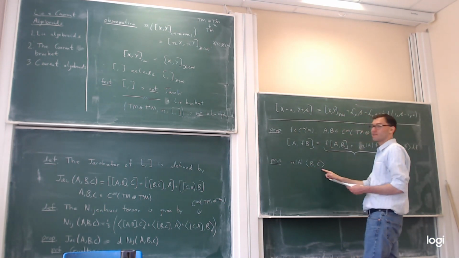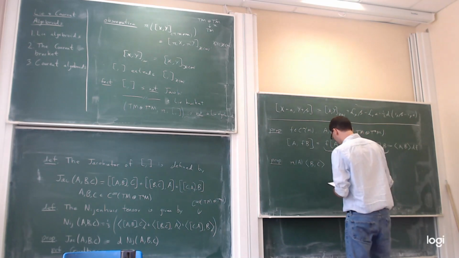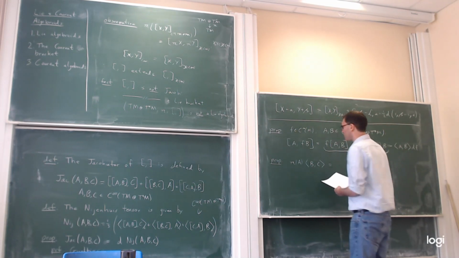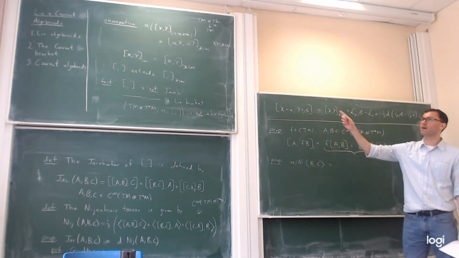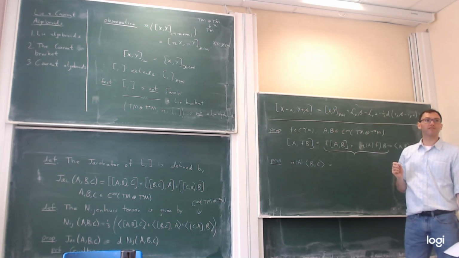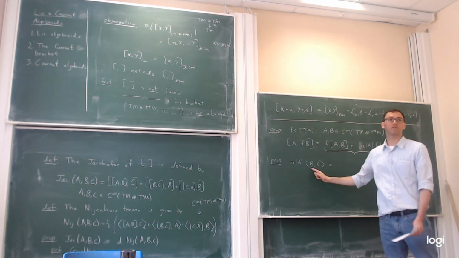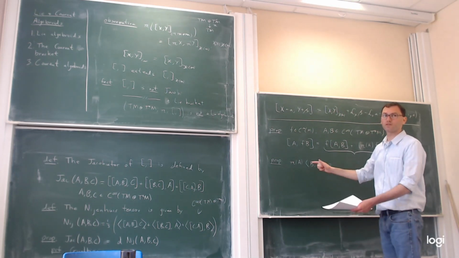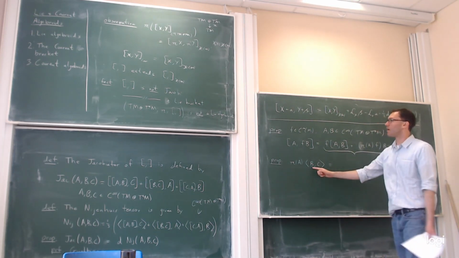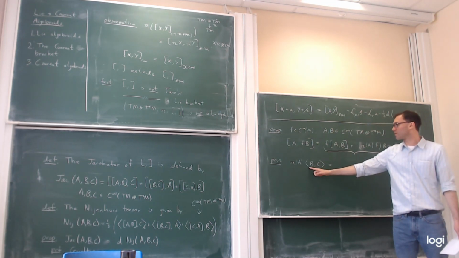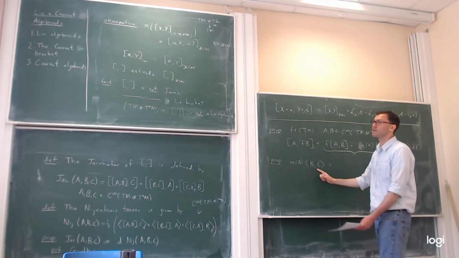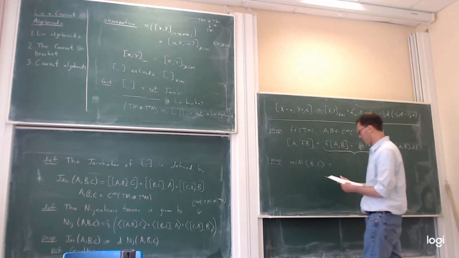Also note that this doesn't really have an equivalent in our Lie algebroid formalism. This is particular to our new setting of Courant algebroids, because in the Lie algebroid formalism we're not given a symmetric bilinear form on the fibers. That's not part of the data that's included with a Lie algebroid.